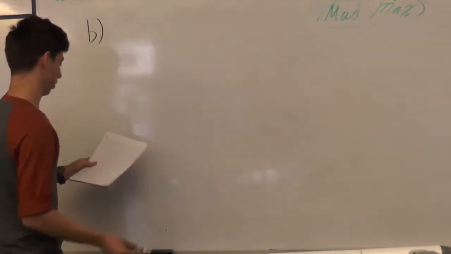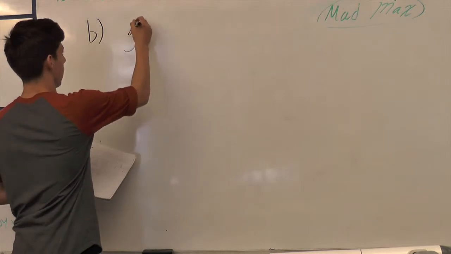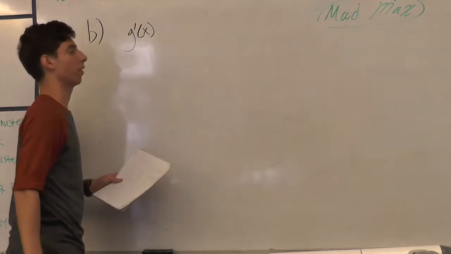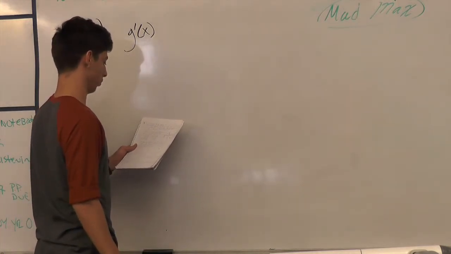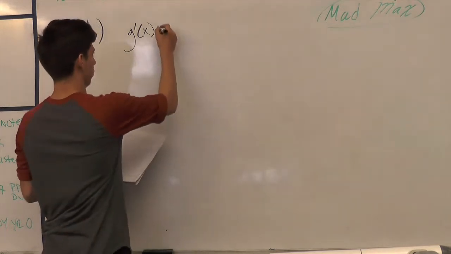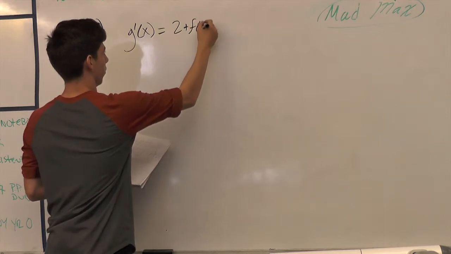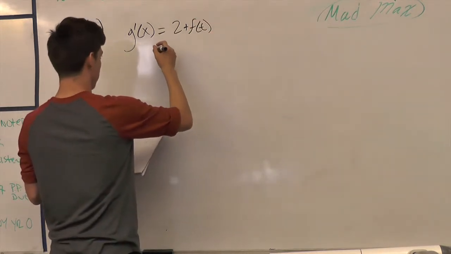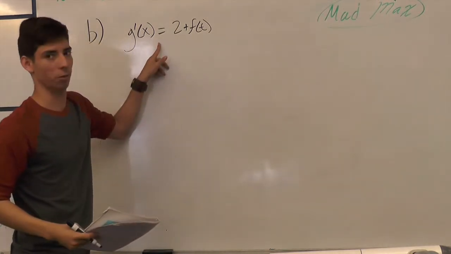First, you must figure out what makes g prime of x equal 0. We have to make g prime of x equal 0.